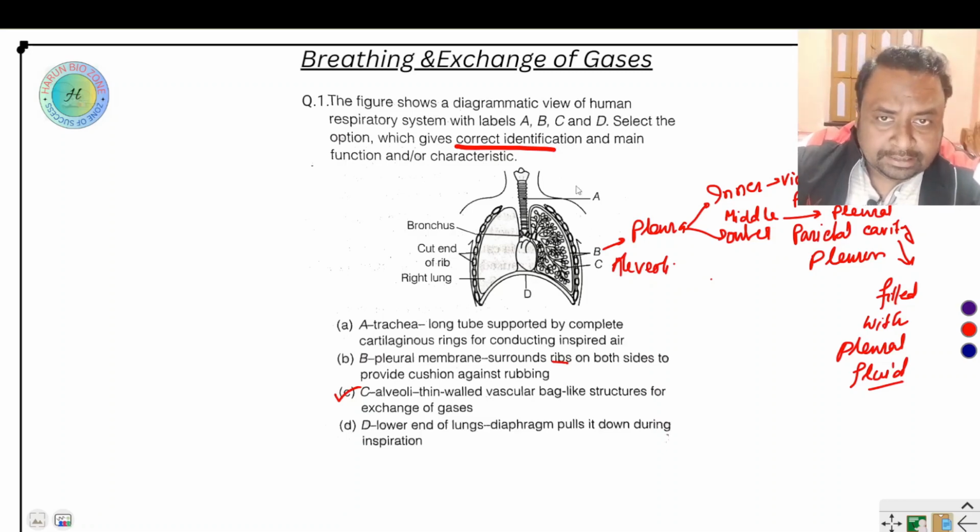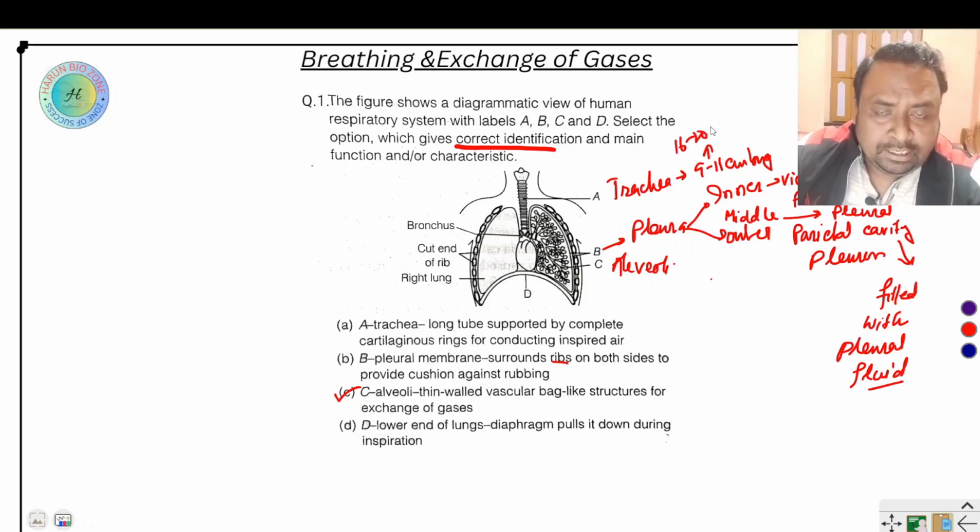A is the trachea. The trachea is 9 to 11 centimeters long and contains 16 to 20 ring-like cartilages.